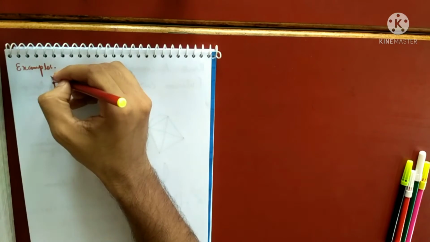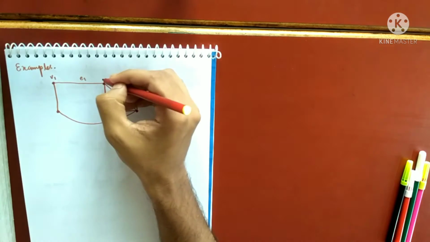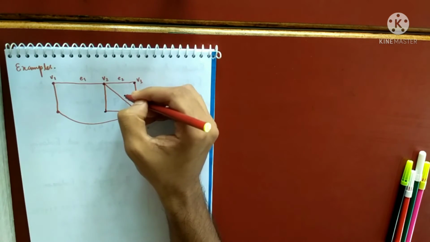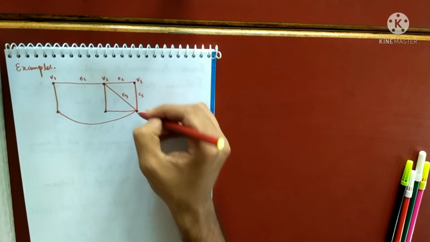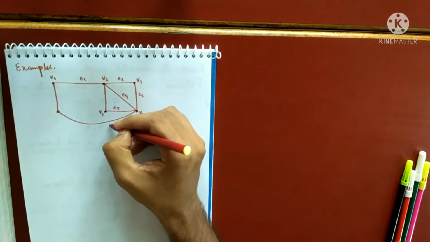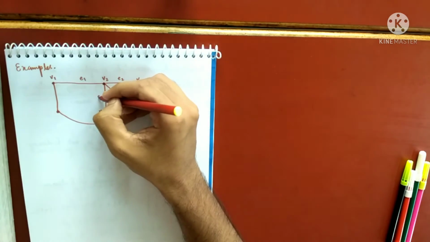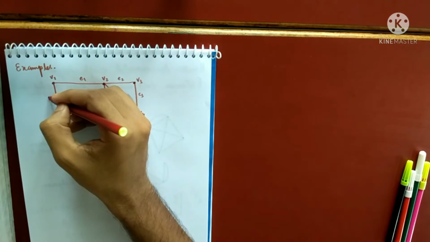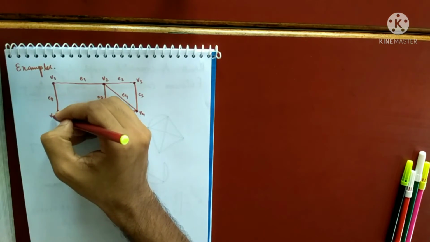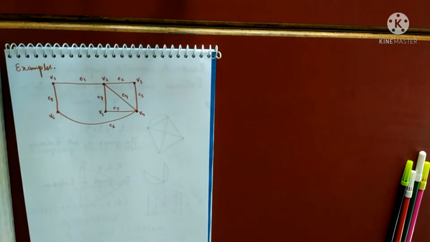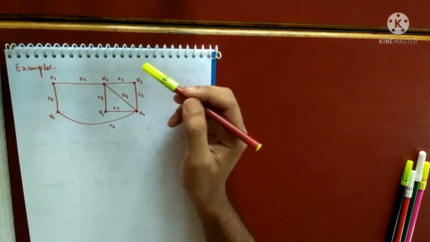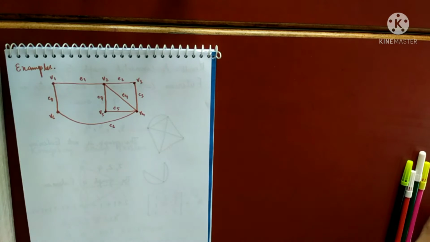Let me name the vertices: v1, e1, v2, e2, v3, e3, e4, v4, v5, e5, e6, e7, e8, v6. Counting the edges: 1, 2, 3, 4, 5, 6, 7, 8. Okay, there are 8 edges and 6 vertices.